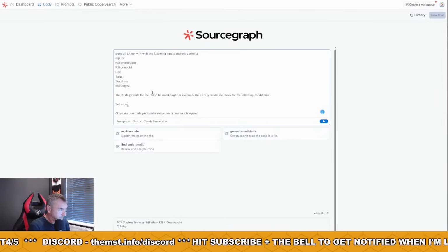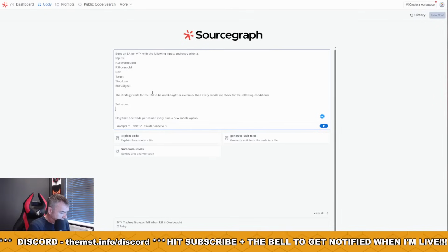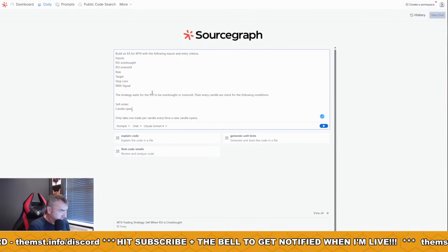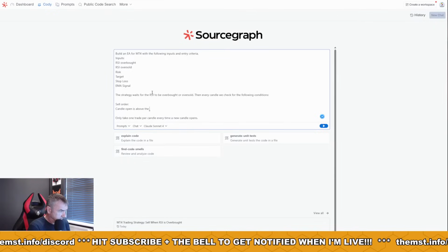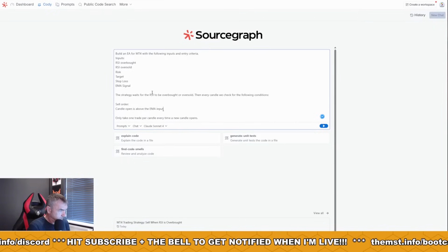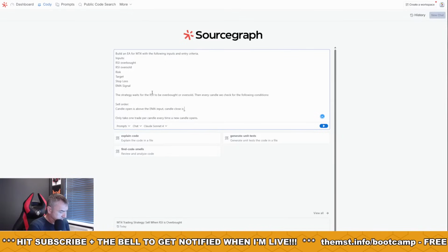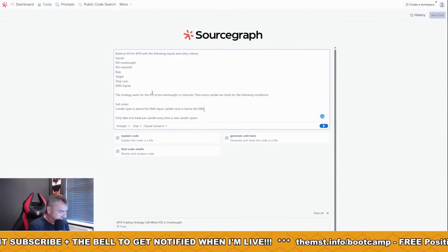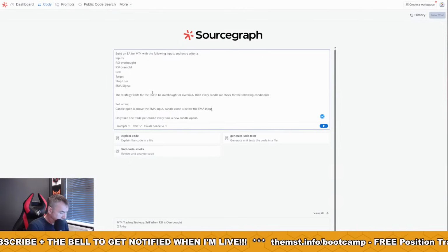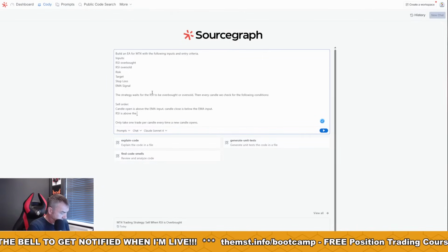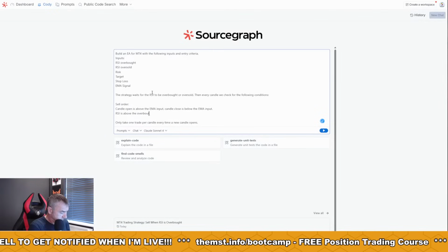Sell order. Candle open is above the EMA input. Candle close is below the EMA input. RSI is above the overbought level.